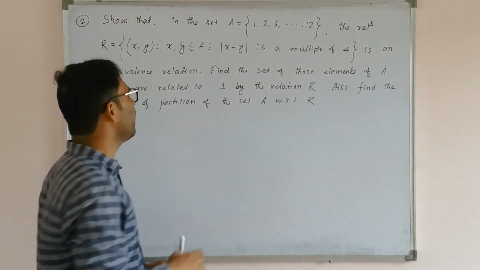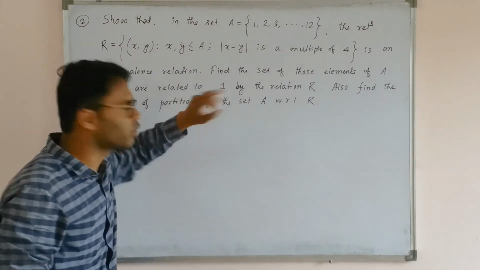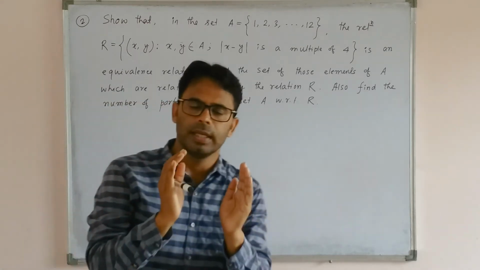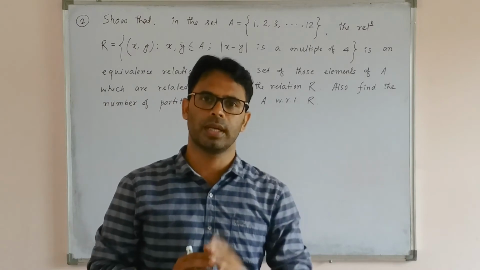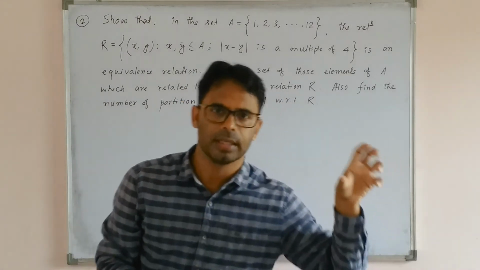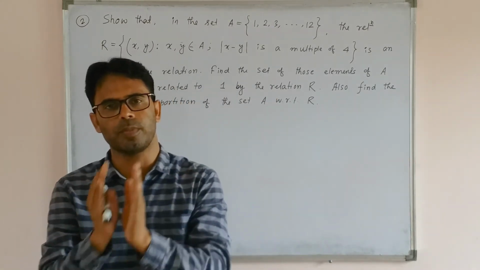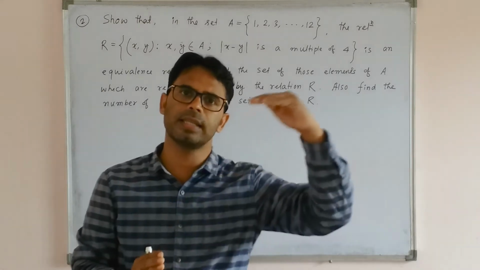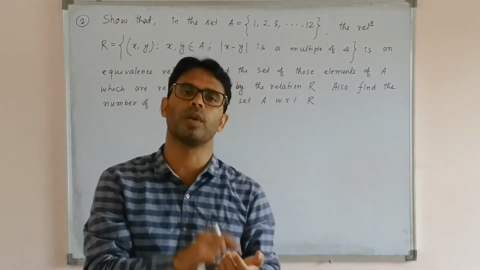Ultimately, you have to find the class of 1. By definition, if a is an element of the given set, then the class of a is the set of all those elements in the given set that are related to a.